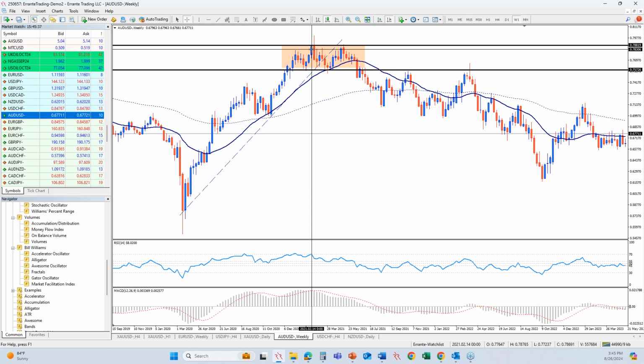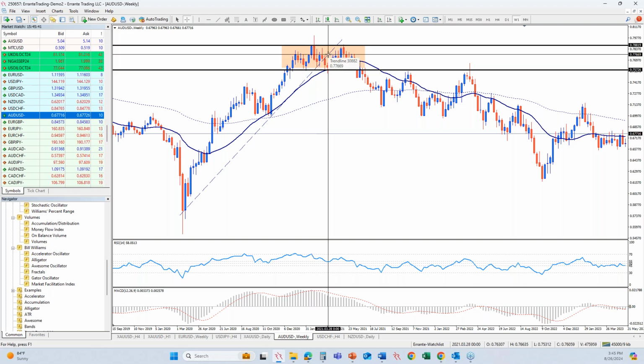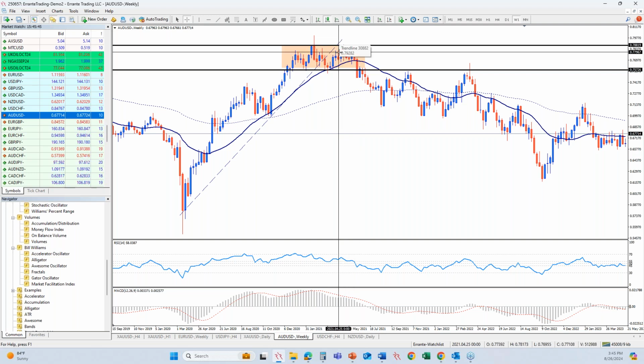So it forms the second peak here, and this sequence repeats one more time, creating a second trough followed by a third peak, each time failing to break the established resistance level at this high. The second and third peaks rise to almost the same level as the first peak, indicating a persistent resistance level.